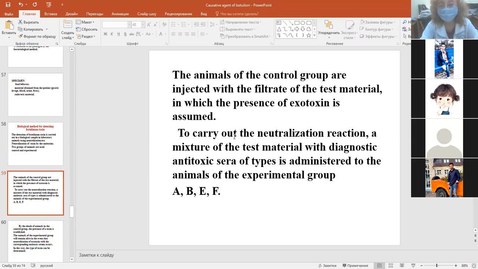So the control group will get just the material where maybe exotoxin is, and other animals will get the mixture of the material plus antitoxic serum separately.